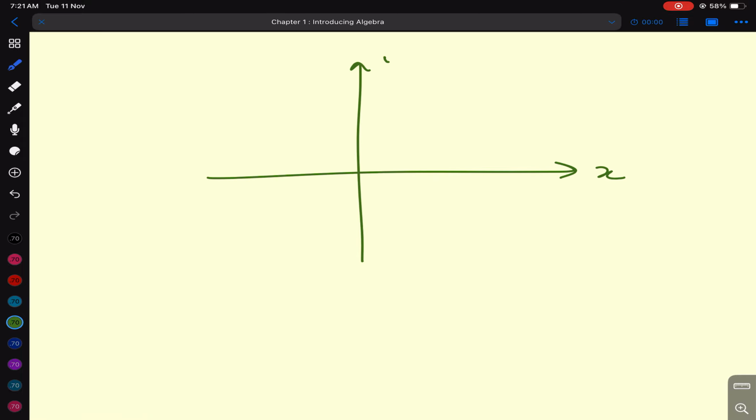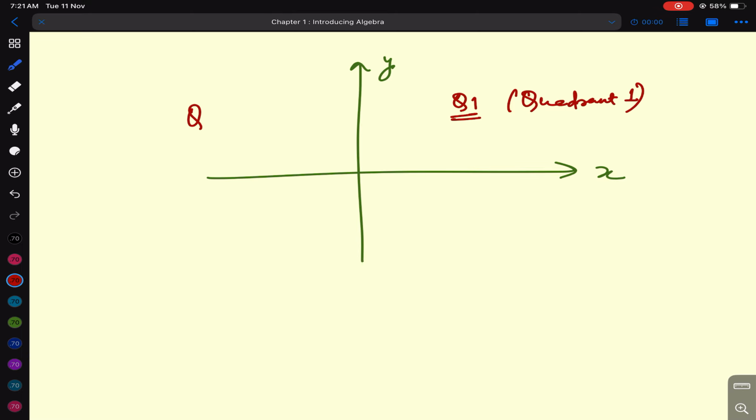Now I'm going to discuss in detail how we represent the axes, how we represent the quadrants, how we represent the positive and negative x-axis and positive and negative y-axis, also how we represent a point on a 2D coordinate system, and in which quadrant what are the signs of x and y.